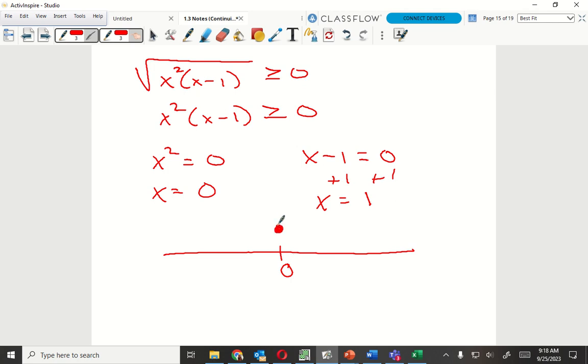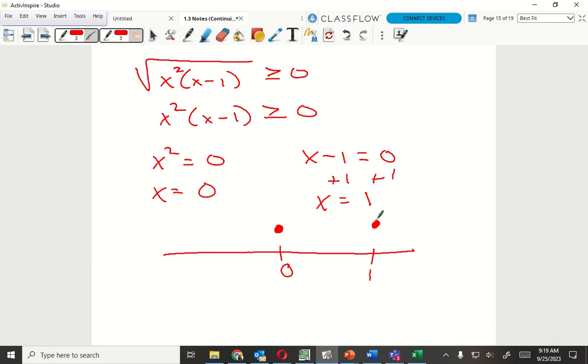And at 1, it's also going to give me a closed dot, isn't it? Now, we're going to go through and try to figure out these gaps.